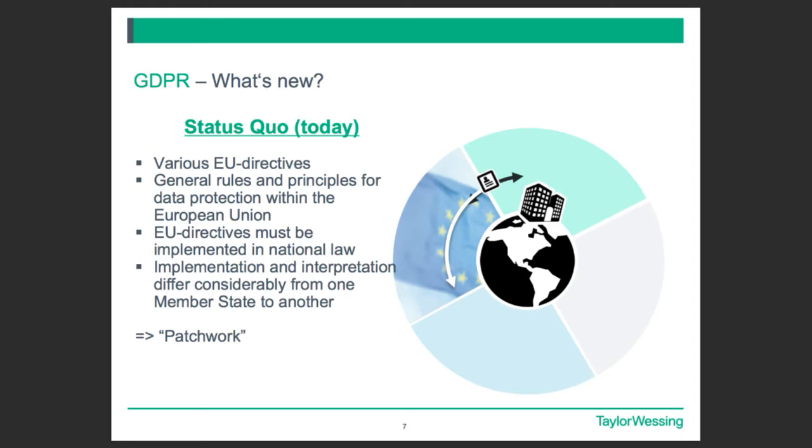It's explicitly written in the law that you're allowed to do so, so you need to have a legal basis for it. In the United States, it's the other way around. If you have personal data, you can use it unless someone says you're not allowed to. So rule and exception are upside down. In the European Union, it's the stricter way.